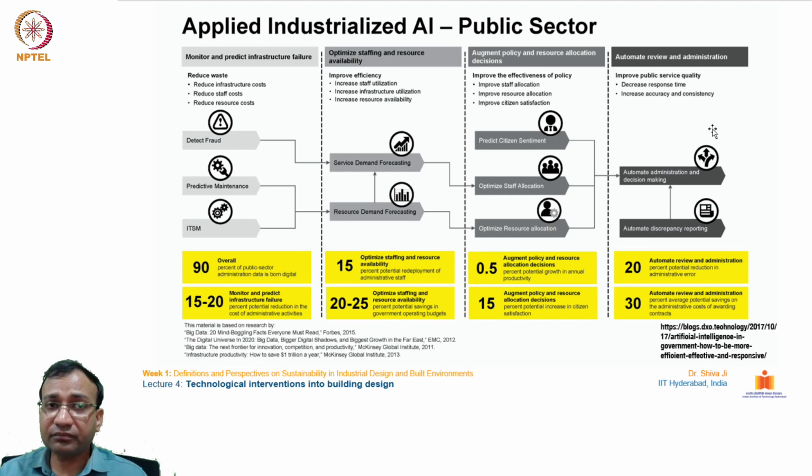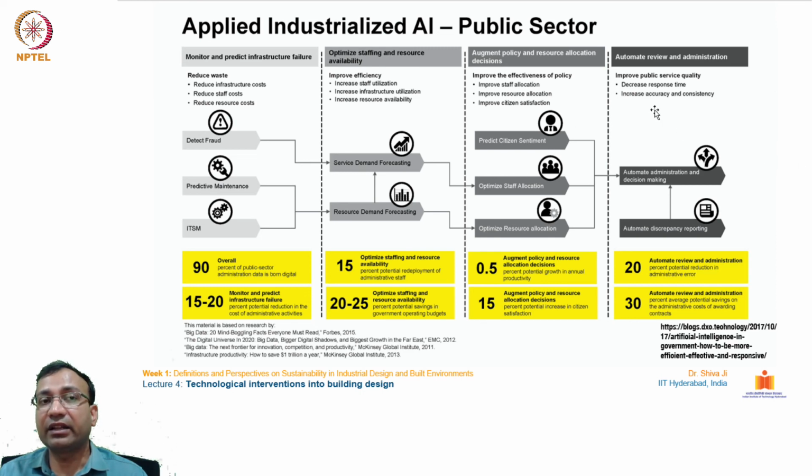Finally, in the fourth column, this is about automating review and administration. Here we are talking about improving public service quality, decreasing response time, and increasing accuracy and consistency. These are two major areas of concern as far as public interaction is concerned, because the service must be rendered within a satisfactory time limit for persons to feel that they have been taken care of, their problems are addressed.